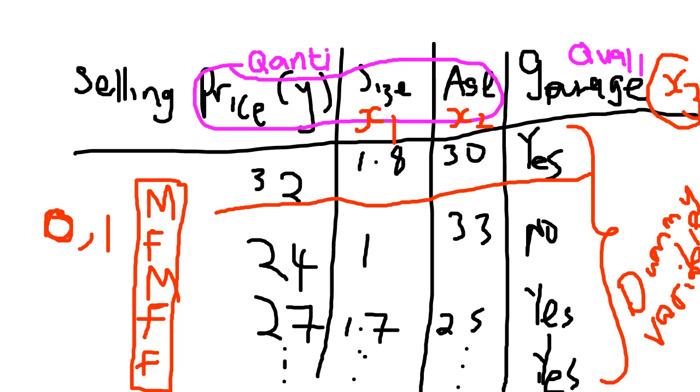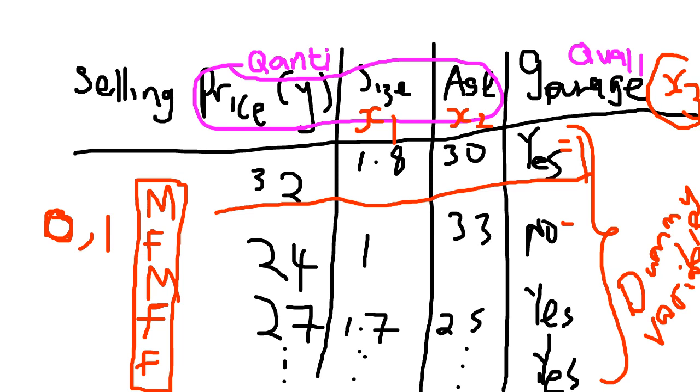Let me go back to the garage and relate what I'm saying to the gender part. Wherever it makes sense, 1 will represent the presence of something and 0 will represent the absence of something. So there, yes means we assign 1, because it's the presence that this house has a garage.